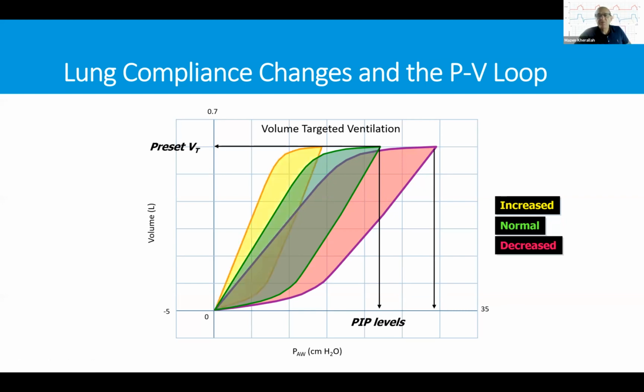If you have a patient with decreased elastance or increased compliance, then less pressure can deliver that volume for you. So the volume is constant, the pressure is changing. This is a patient with volume control mode of ventilation.